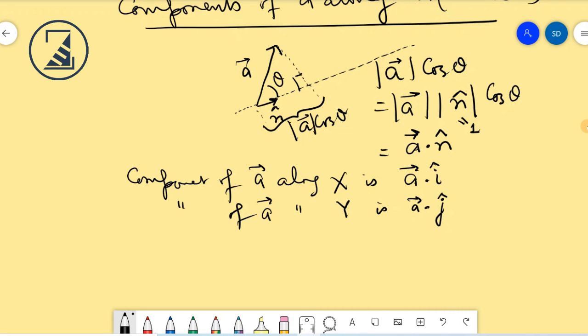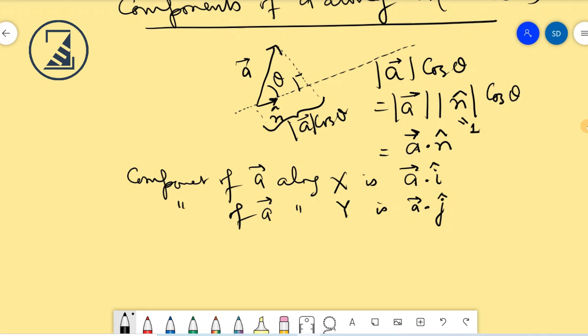Now I could have introduced the component of a along i directly, but instead I have introduced the component of a vector along an arbitrary vector n cap.